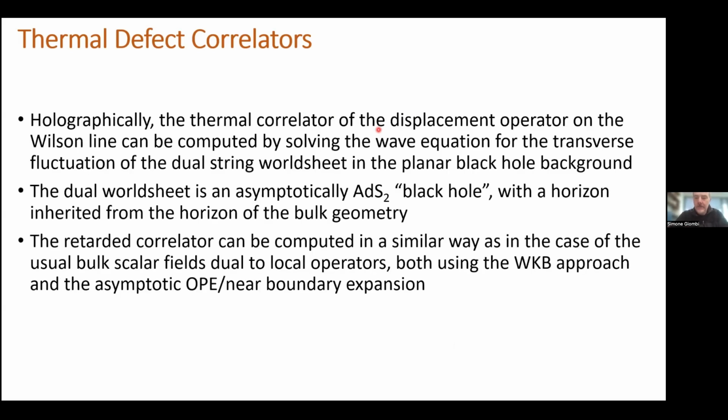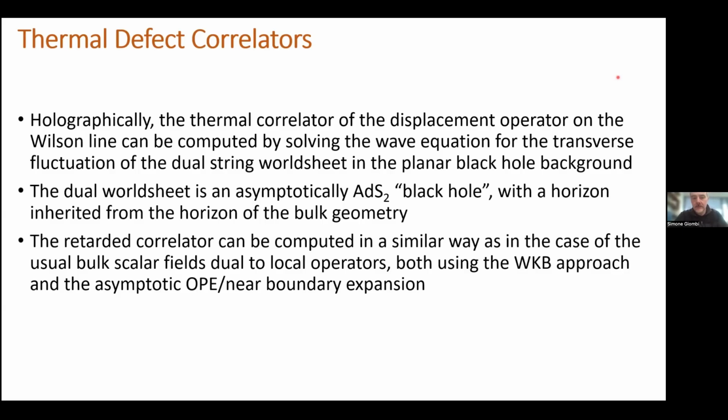Okay, so just to give an idea of how the holographic calculation works. The Wilson loop is dual to a fundamental string in the holographic dual, some string worldsheet. And for the finite temperature theory, we have to find the dual string in the planar black hole background if we work with the gauge theory in flat space.